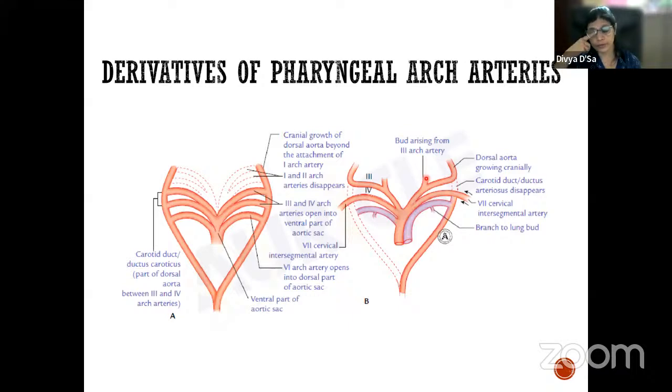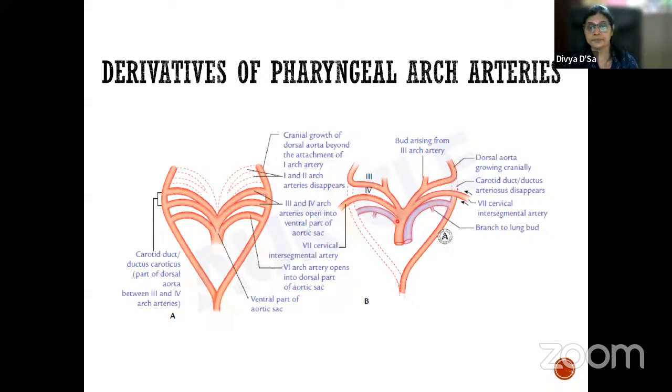It's a common viva question, why it is placed so. That is because of this development: the bud given by the third aortic arch forms the external carotid artery, and from this we have the internal carotid artery forming.